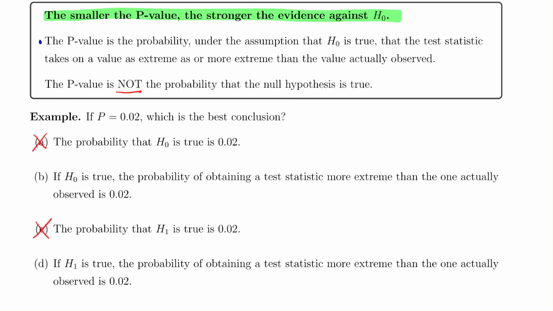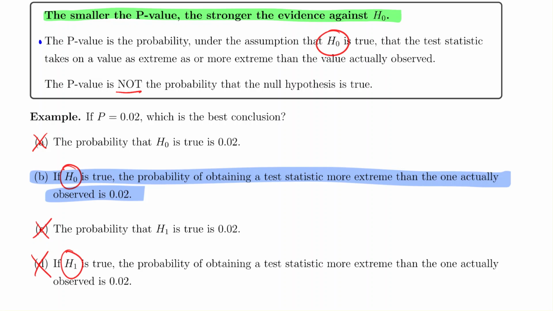And D: if H1 is true, the probability of obtaining a test statistic more extreme than the one actually observed is 0.02. We need to watch the detailed difference between B and D. H0, H1, but if we look at the actual definition, it was about H0, so that is why D is out. So B is our correct answer.